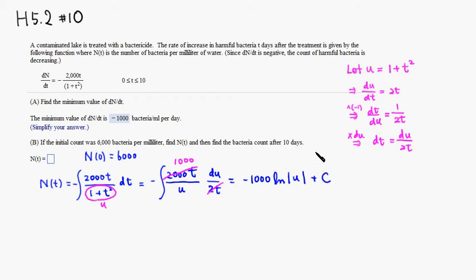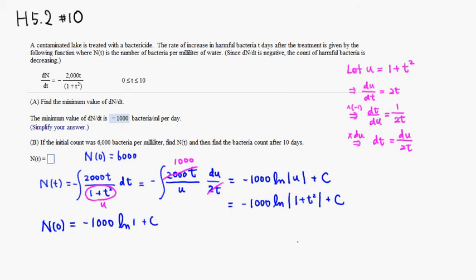Then we're going to put the original expression back in. So you have a negative 1000 natural log of absolute value of 1 plus t squared plus c. Then we know that N of 0 is 6000. So we compute that. It's going to be negative 1000 times the natural log of 1 plus 0, so natural log of 1, which is 0, plus c.